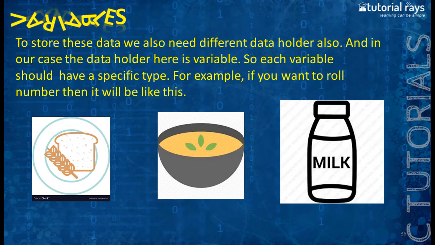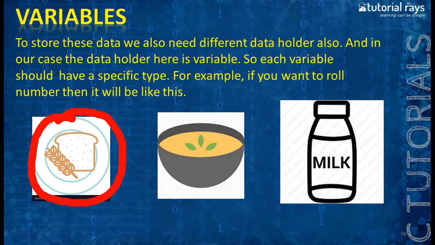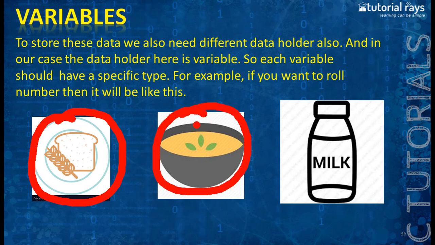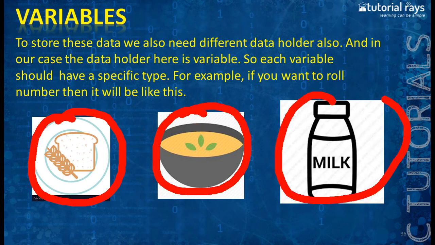Similarly, to store data we also need different data holders, and in our case the data holder is a variable. So each variable should have a specific type. For example, if you want to store a roll number, then it will be an integer. Here the bread will be stored in a dish, the curry will be put inside a bowl, and milk will be stored inside a bottle, isn't it?